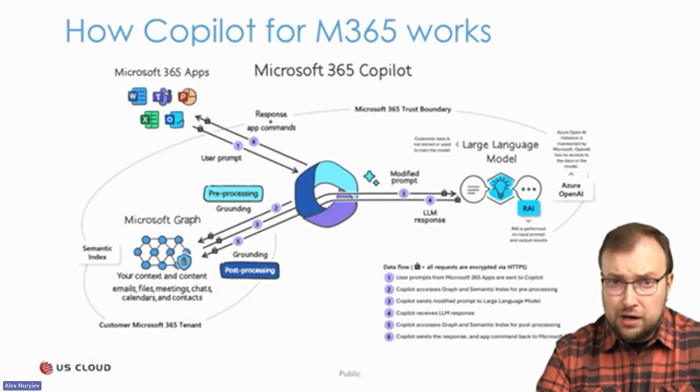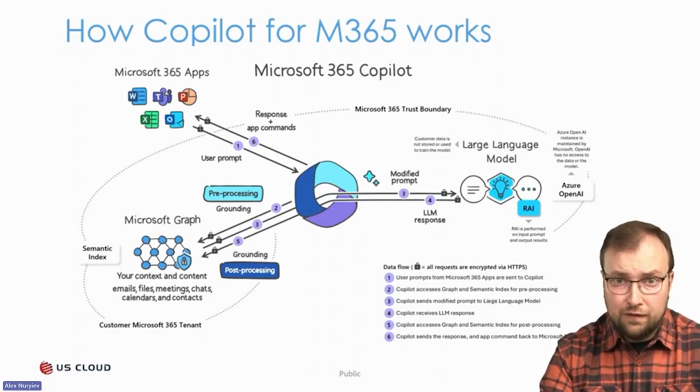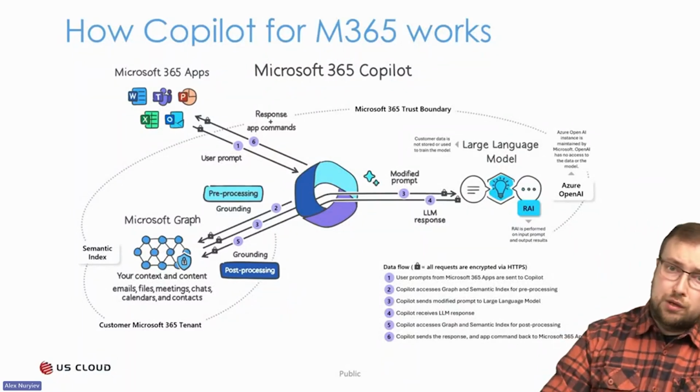Your data remains secure within the Microsoft 365 service boundary, following existing security, compliance, and privacy policies. Also, communication between your tenant and Copilot components is encrypted. To summarize, Copilot for Microsoft 365 elevates user input, accesses relevant data securely, and provides actionable responses within applications.